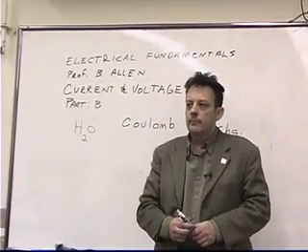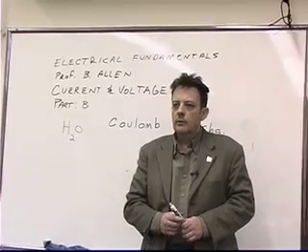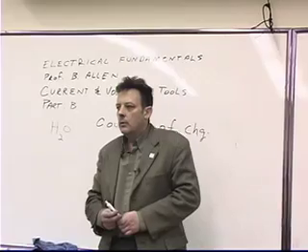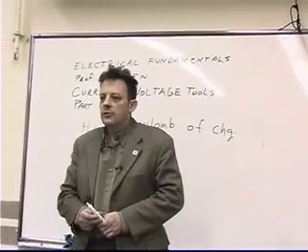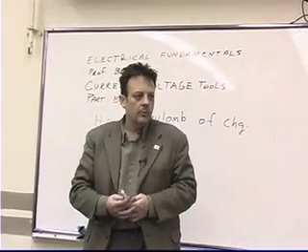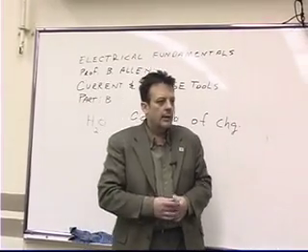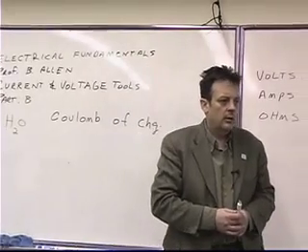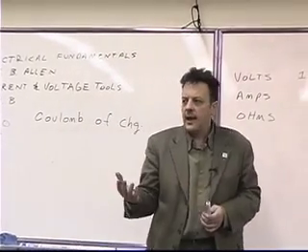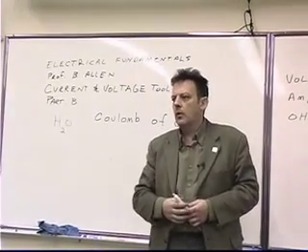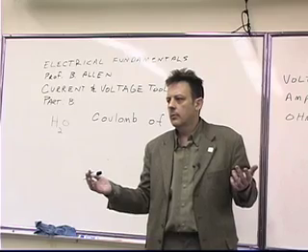The question then becomes, if we were interested or somebody asked us to explain to them, how many electrons is that? It's kind of like somebody asking us, how many H2O molecules are in that cup of water? Who cares? Okay?